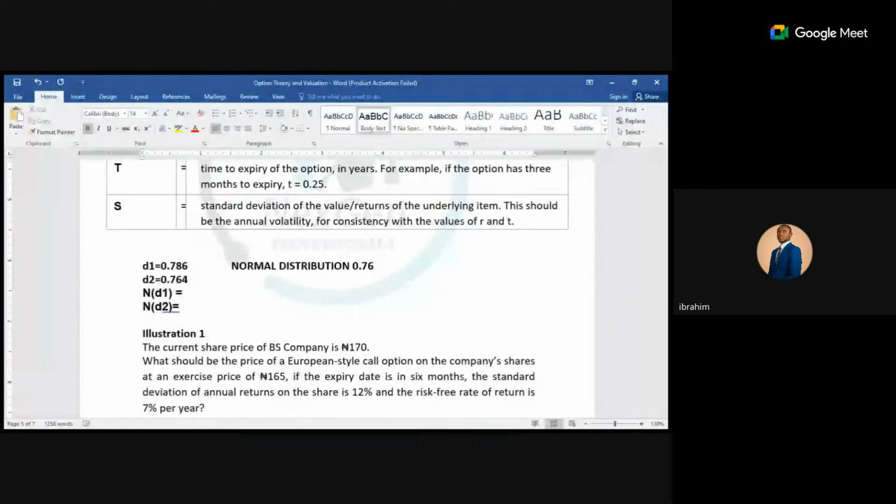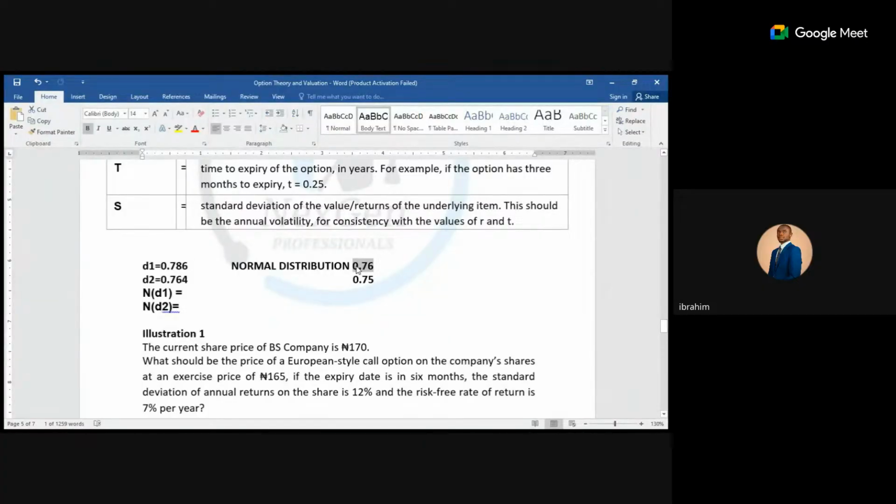And you have here in the normal distribution table, you have 0.75. The law says that since D1 here is positive, whatever you have from your distribution table, you have to add 0.5.